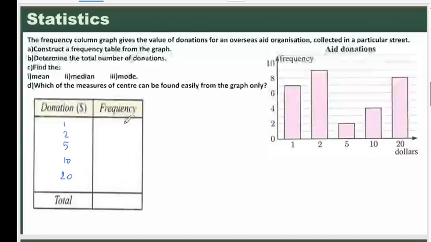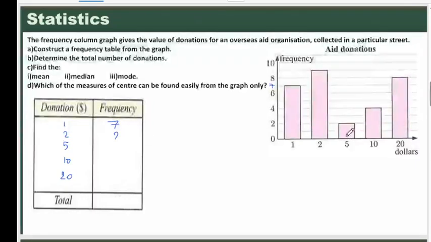For frequency, how many people give us $1? If we look here, it would be 7. How many give $2? 9.